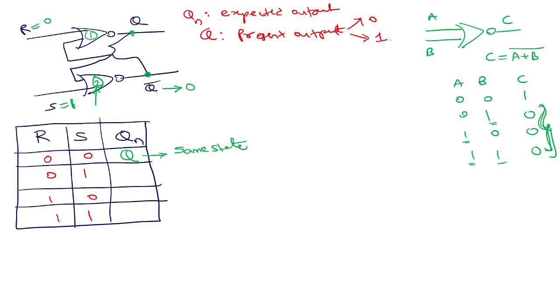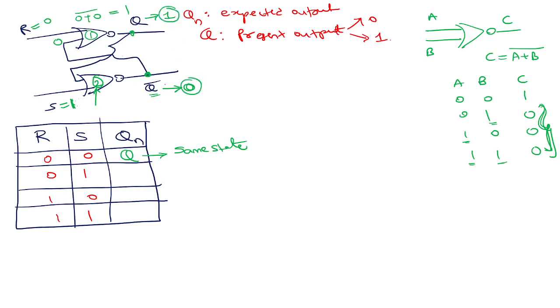No matter what the previous value is, whether it is 0 or 1, the output at this node, Q bar, will be 0. Then 0 will be supplied here. Now 0 plus 0 whole complement. What is this? 1.